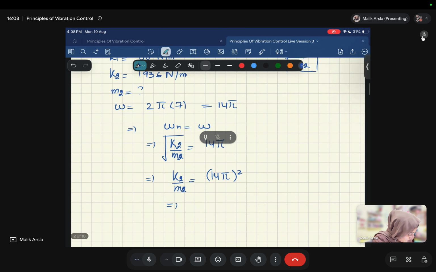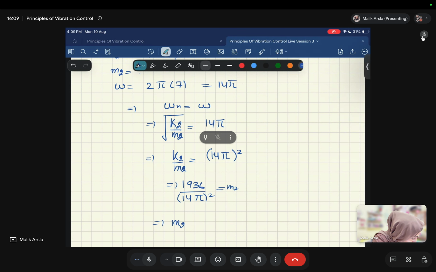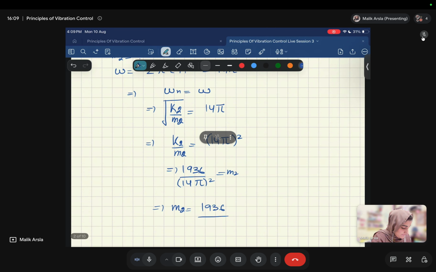Okay, so you can write it as 1936 upon 14 pi squared is equal to m2, which implies m2 is equal to 1936 upon, let me simplify this using your calculator. 43.98 squared.